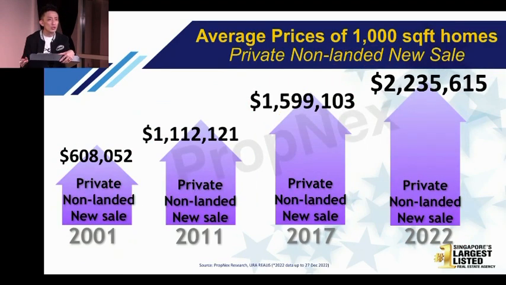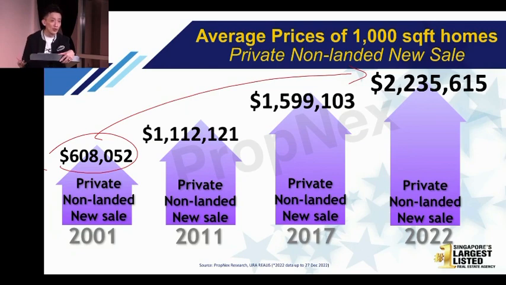If you look at the new launches, in the year 2001, 600,000. Today it will be 2.2 million. Can he still afford it? I do not know. A lot of people tell me, Kelvin, I'm already priced out. The sad truth is not about making profit. The sad truth is that I see a lot of people are out of the race.